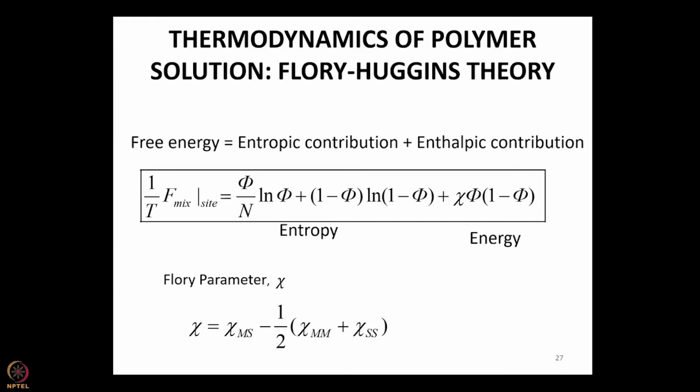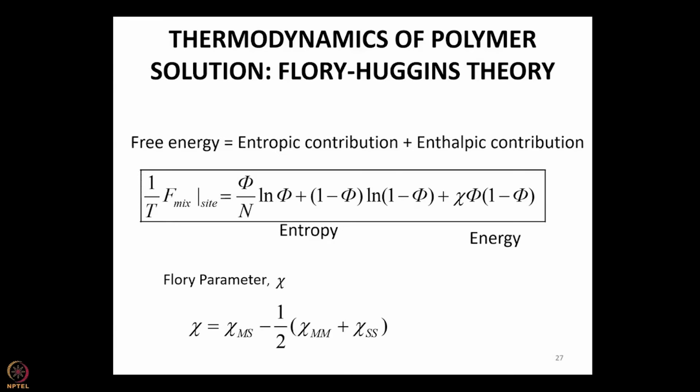N is the total number of sites. And then I calculate that entropy of mixing, because I am mixing the solvent molecules and the polymer, and I'm laying down the polymer on the lattice. And how many ways can I do that? Essentially the same as the binary mixture entropy of mixing.